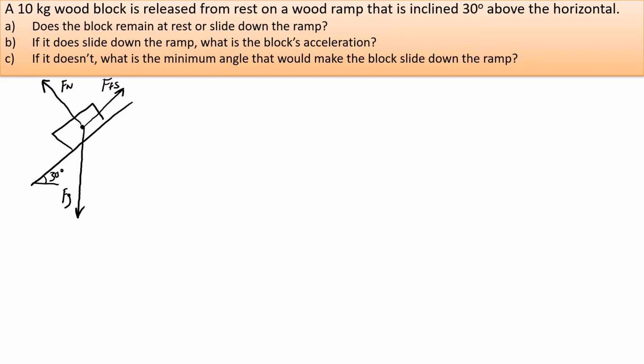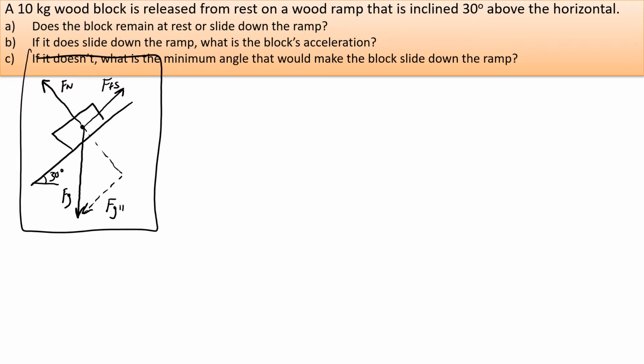So right now it's static, and we want to know, is the component of the weight that acts parallel to the hill, this component here, Fg parallel, greater than the maximum static friction? If this one's greater, it's going to slide down the hill. If the maximum static friction is greater than the parallel component of the weight, the maximum static friction will maintain the equilibrium and the block will stay on the hill.